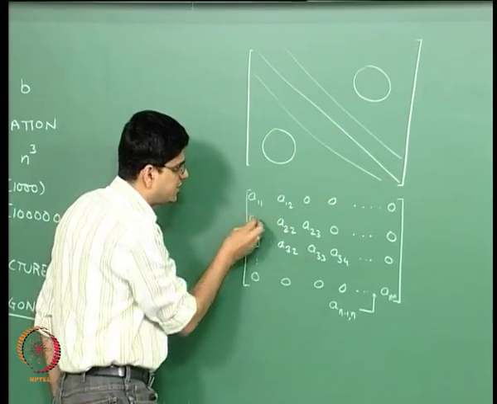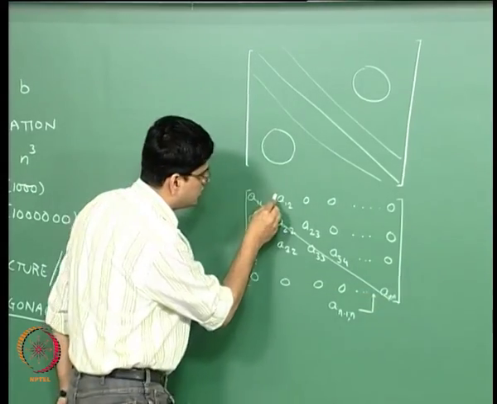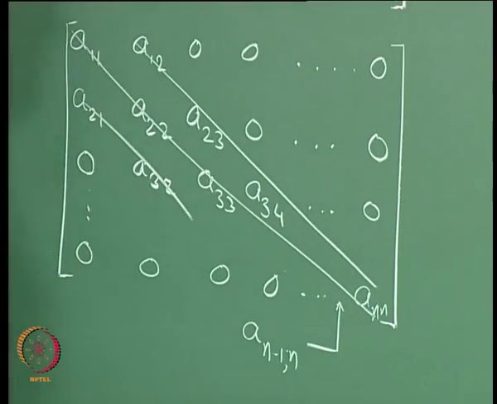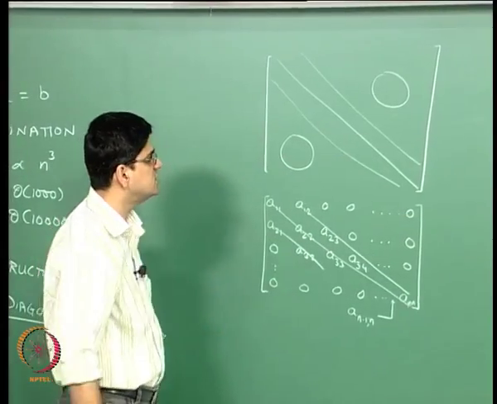As we can see over here, this particular diagonal may be non-zero, this super diagonal element may be non-zero and these sub-diagonal elements may be non-zero. Everything else in this structure is zeros. Okay.